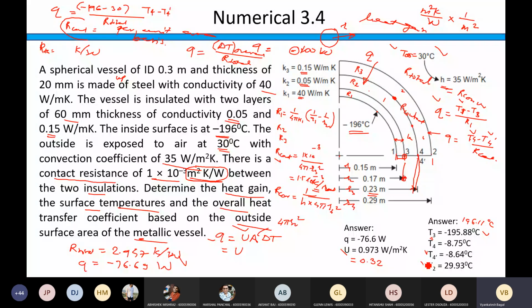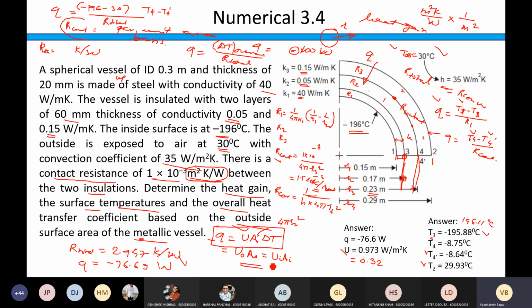Sir, can you write the formula for U? I mean the area that we have to take. With respect to R3, sir? See, I have already written here, so you can use this, right? So that area is based on this radius. Yes, sir. And you can use this formula: U naught A naught, the product of the overall heat transfer coefficient based on outer area and the outer area, must be equal to the overall heat transfer coefficient based on inner area into the inner area of your sphere.